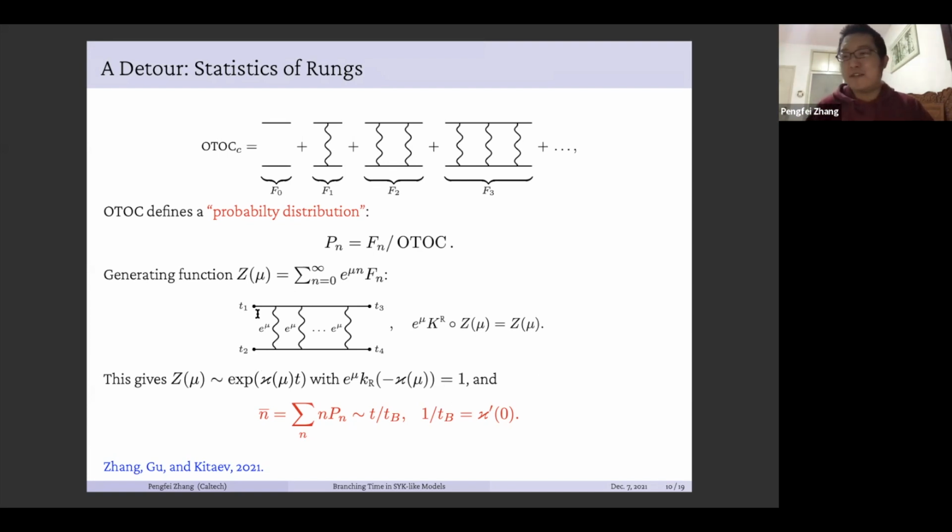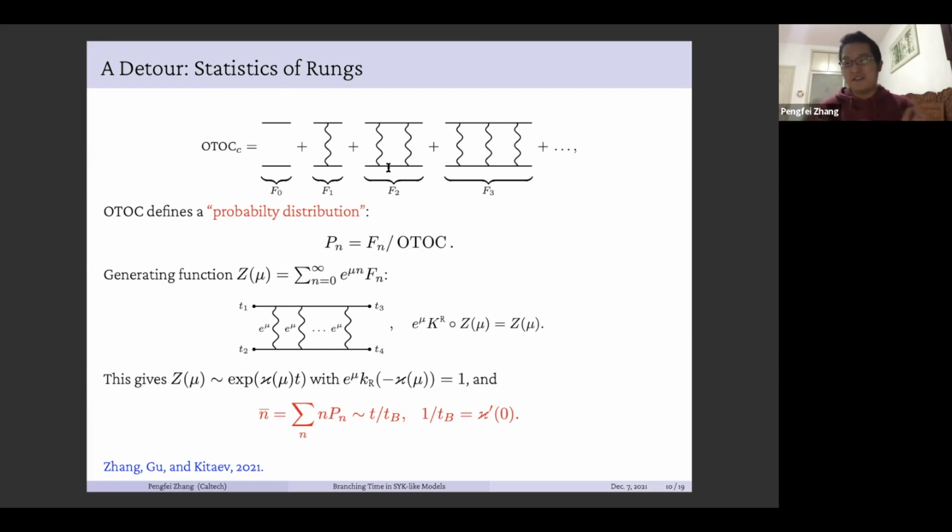As mentioned in the last slide, the out-of-time-order correlator generally takes the form of a summation of ladder diagrams. We can define the contribution with n rung lines as F_n, so it's a summation over F_n. We can view such a summation as defining some probability distribution, but it's in fact not really a real probability distribution because F_n cannot be shown to be positive.